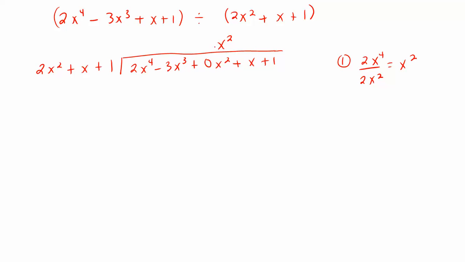Distribute x squared times 2x squared, 2x to the fourth. x squared times 1x, positive 1x to the third. x squared times 1, positive 1x squared. Okay, after we multiply, we change the signs, so they were all positive in this case, so they will all go negative.